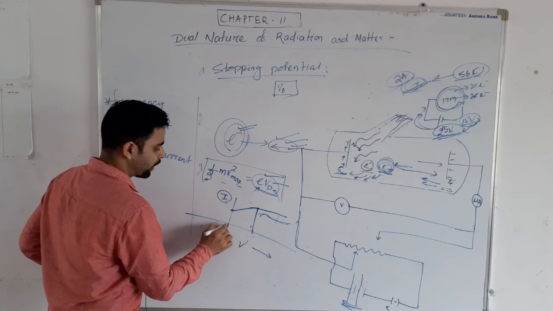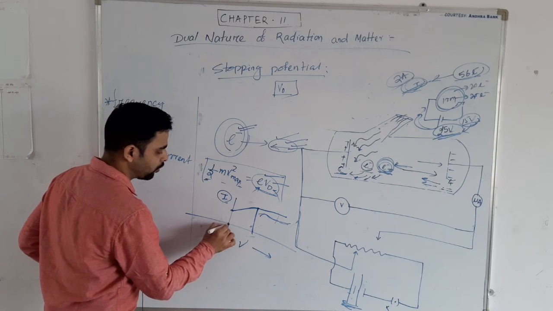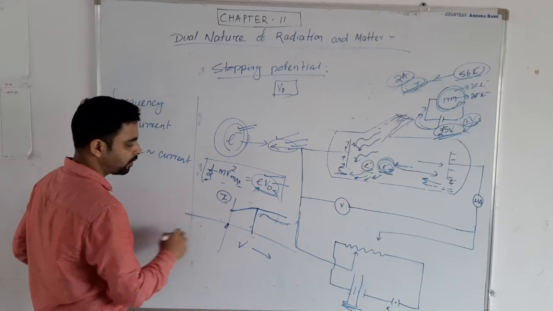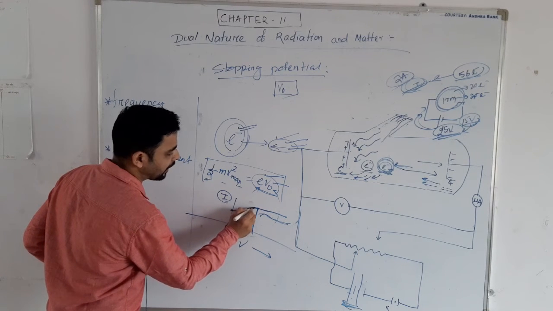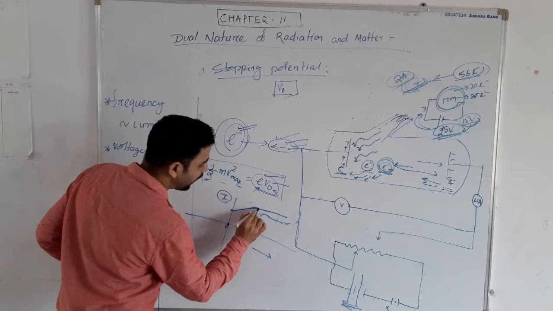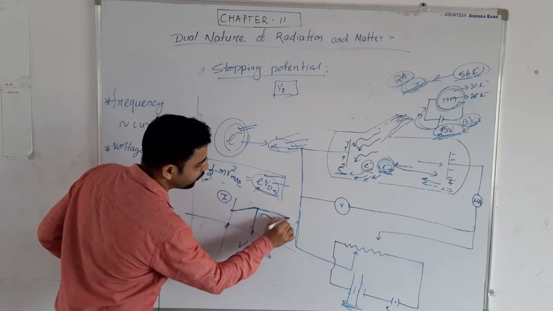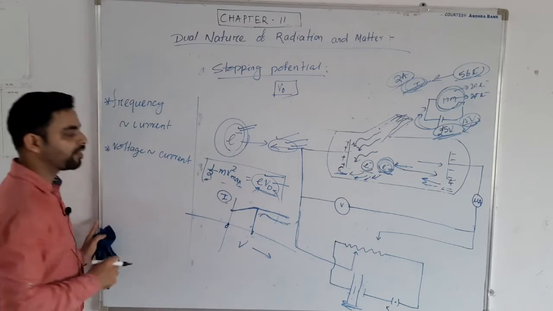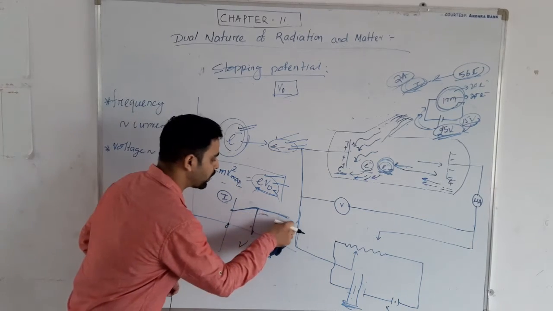So what I observed, I am repeating again. At 0, I get some current. If I increase the voltage, there is some increase in current. After a certain value of voltage, the value of current is not increasing. This is the saturated value of current.